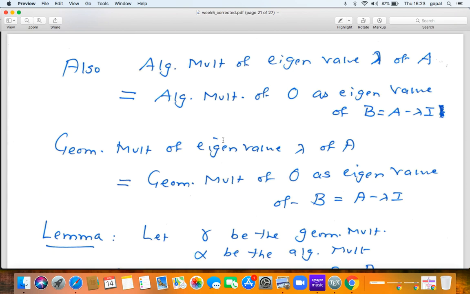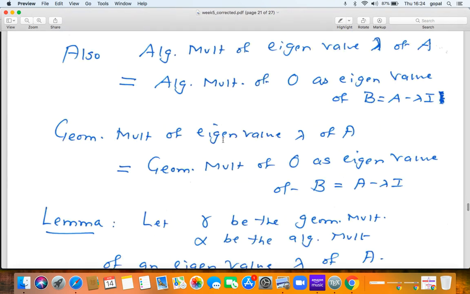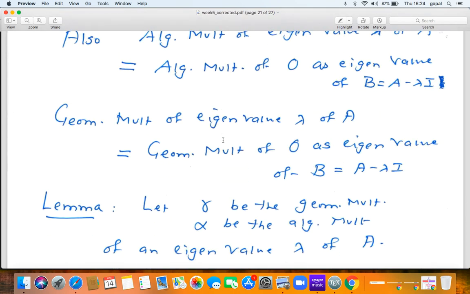You know that 1 is a root of f, so what is the root of g? Minus 2 is the root of g. Now the multiplicity of 1 as a root of f will be the same as the multiplicity of minus 2 as a root of g. That's all that there is to it in this statement. I'll stop this lecture here and I'll continue this in the next capsule.